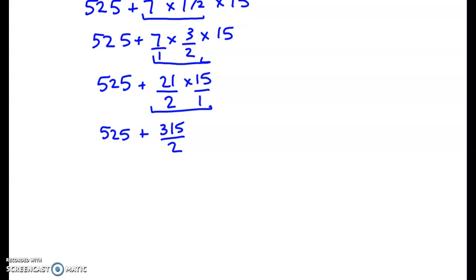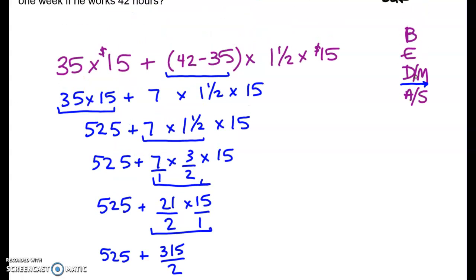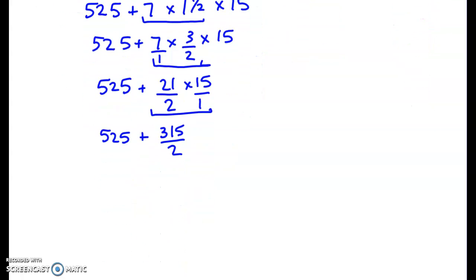Now, we have done all the brackets, exponents, multiplication. We move on to addition, subtraction, and we know we need common denominators. So we will have to write this, common denominators of 2. Okay, now remember we've got a denominator of 1, so what are we doing here?